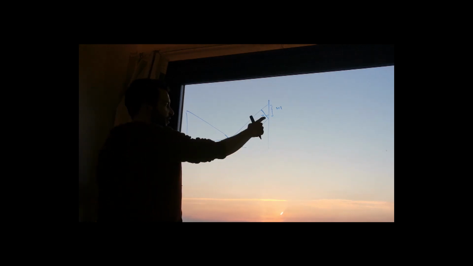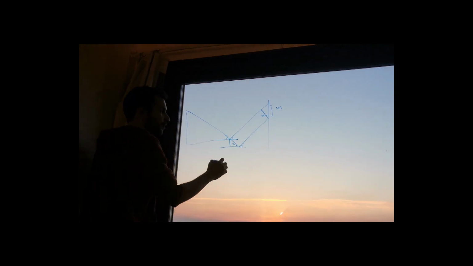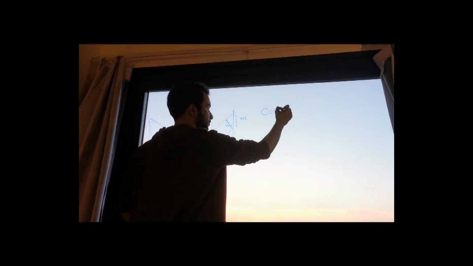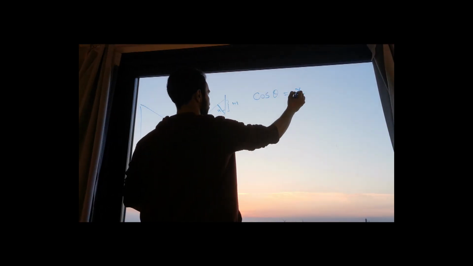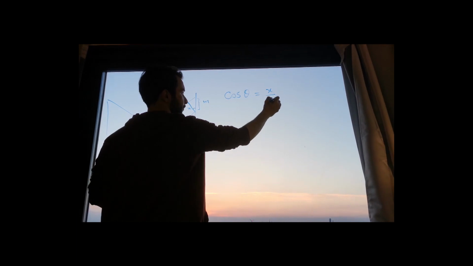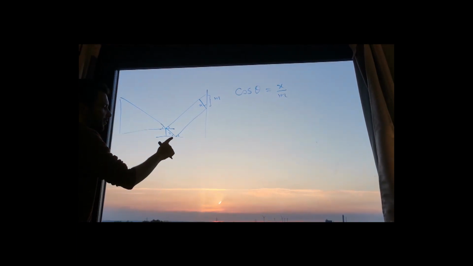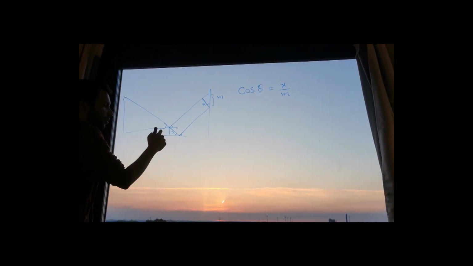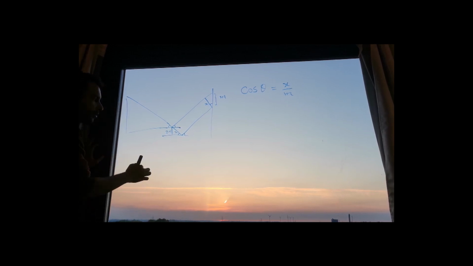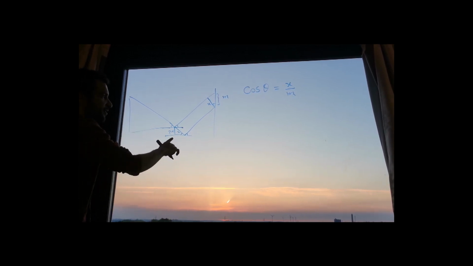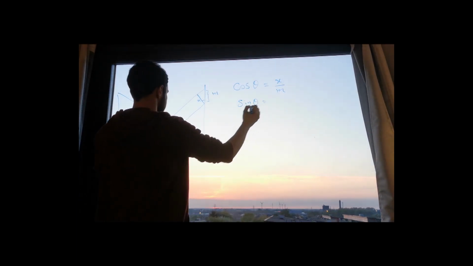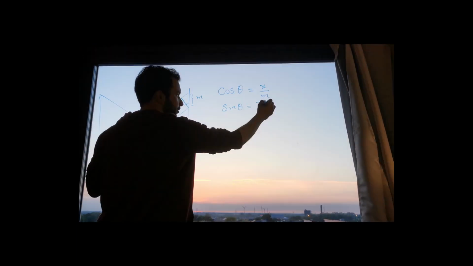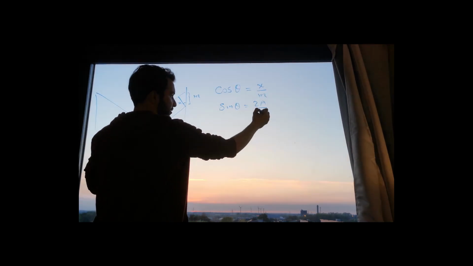Now, if I take the cosine of this angle, that's going to be equal to x divided by m. If I go to this angle here, this is what we want to measure, and that's double the amplitude. Sine theta is going to be 2a divided by x.